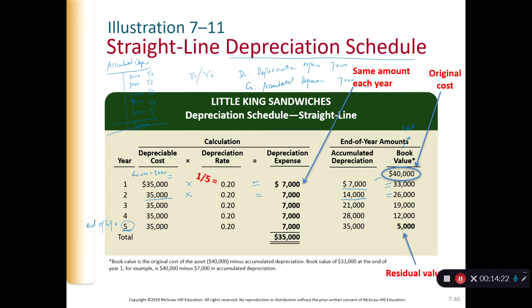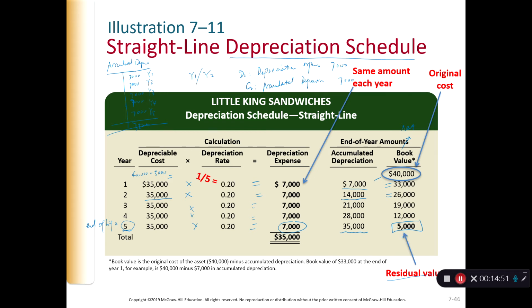The depreciable amount is still 35,000 multiplied by the rate of 0.2, getting the $7,000. Because you have already depreciated 7,000 in each year, you depreciate the total amount of 35,000, and then your ending balance is actually 5,000, which is the residual value you designated in the beginning.